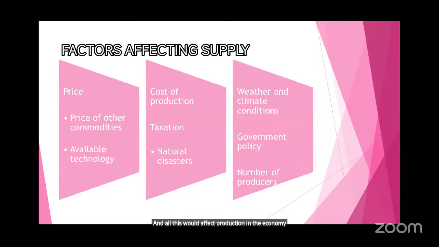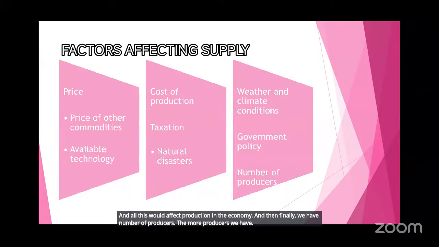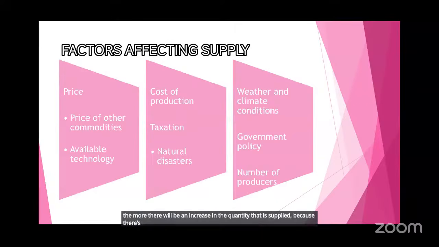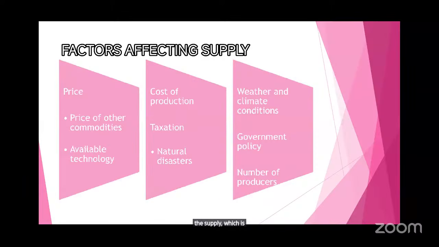And then finally, we have number of producers. The more producers we have, the more there will be an increase in the quantity that is supplied, because there's more of them supplying that commodity. The less producers we have, the less the supply, which is why it's not very encouraging when you have people in your country moving out to other countries to establish businesses and they're not doing it in your country.